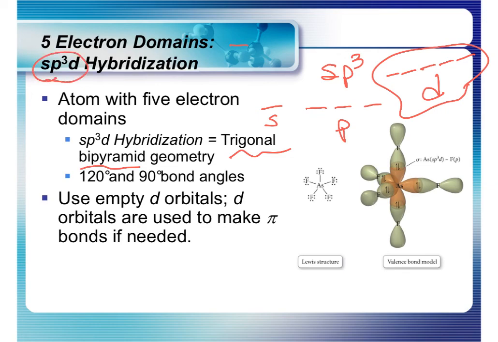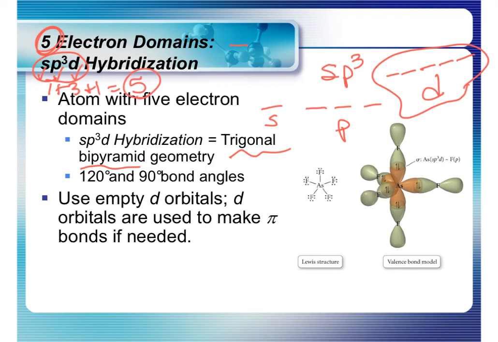Remember, you need the same number of atomic orbitals as you need hybrid bonding orbitals. So 1s, 3p, and 1d: 1 plus 3 plus 1. It started with 5 atomic orbitals, which means it will give us 5 hybrid orbitals.